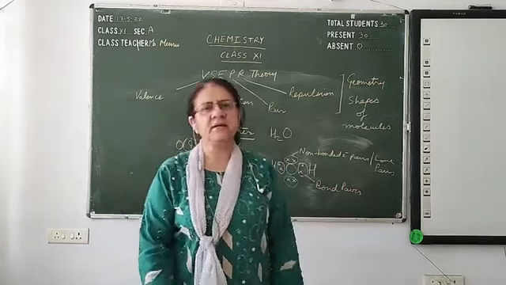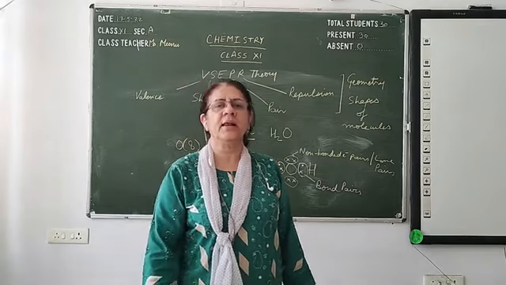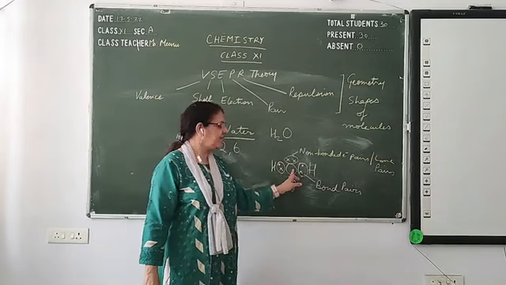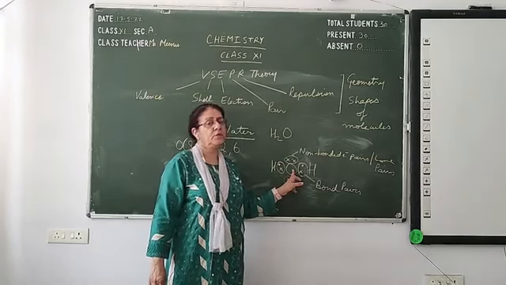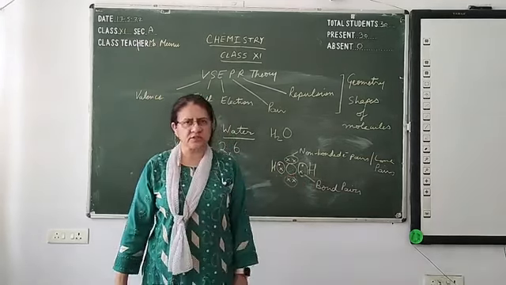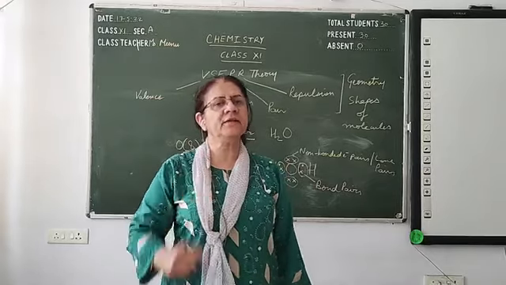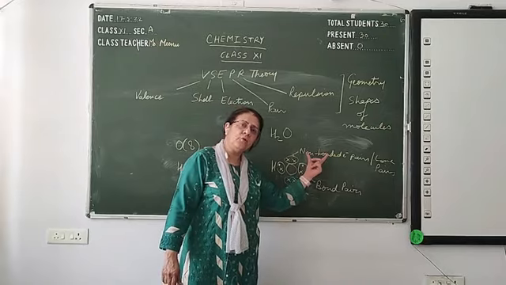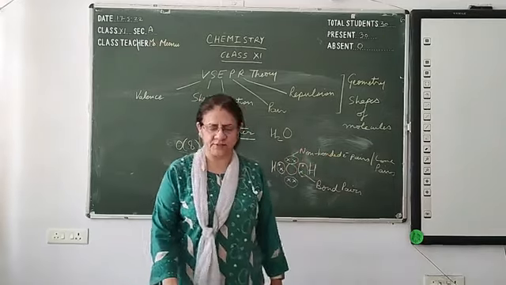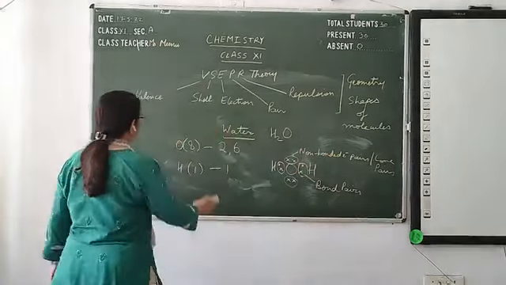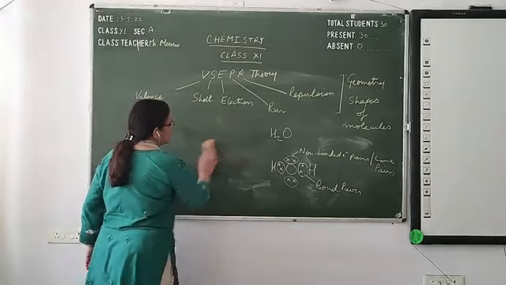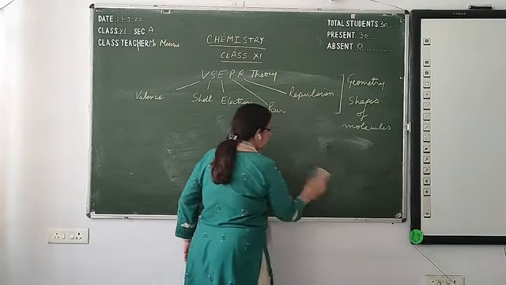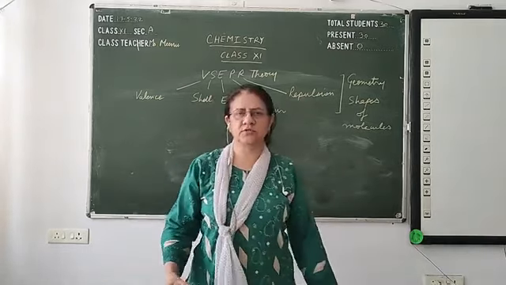So please understand that in valence shell electron pair repulsion theory, we have to identify the central atom. We should be able to make the Lewis structure, and when we make it, we should be able to identify the lone pairs and the bond pairs. I am sure you are able to make these structures of atoms which are bonded to form molecules.